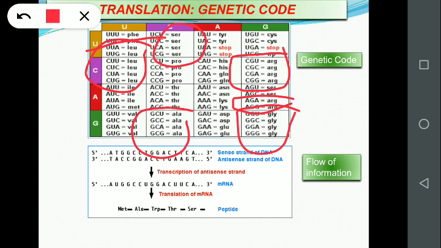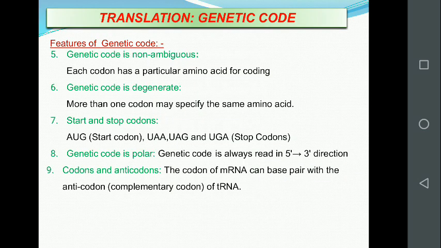So this is what it means for the genetic code to be degenerate: more than one codon may specify the same amino acid.